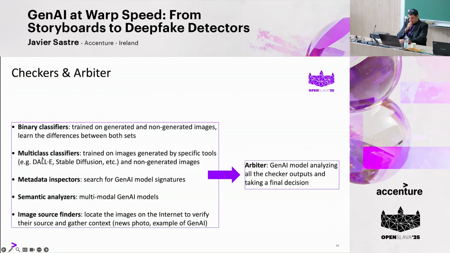On top of that, you have the arbiter, another model that makes the final decision, and that way it is a more robust system. So hopefully, using this group of experts, you are going to have a better chance of properly detecting whether the image is generated or not.